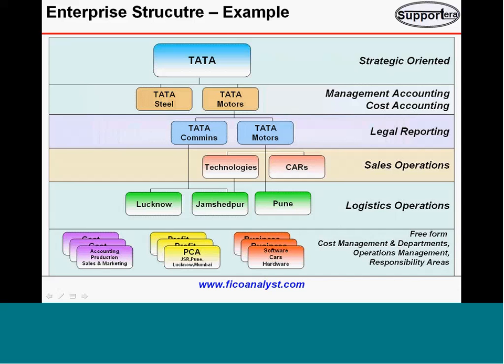And when you go to deeper levels, they have cost centers like accounting, production, sales, marketing, big different cost centers. And then they can have profit center accounting. For example, for the Pune location, even though it is not required for legal reporting and balance sheet, for management purposes, if they want a balance sheet and P&L, they can use profit center accounting to report internally their balance sheet by Pune, Jamshedpur, Lucknow, Mumbai.